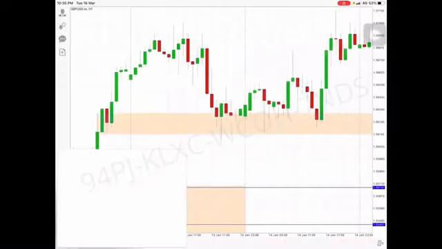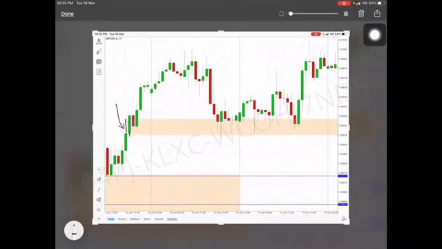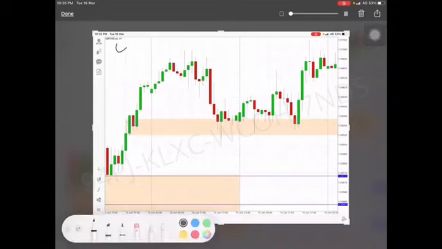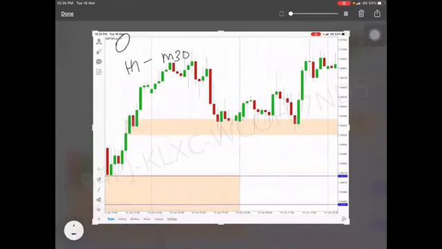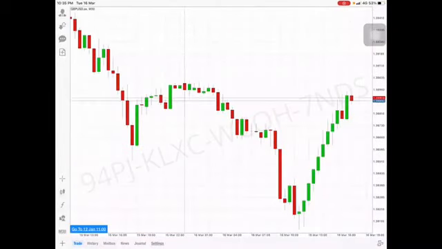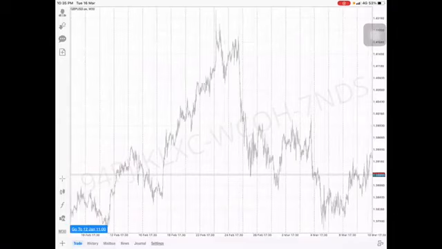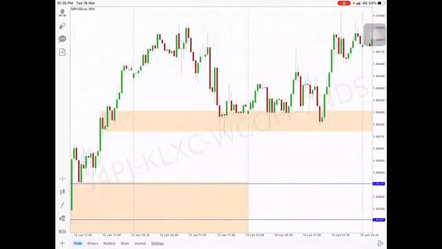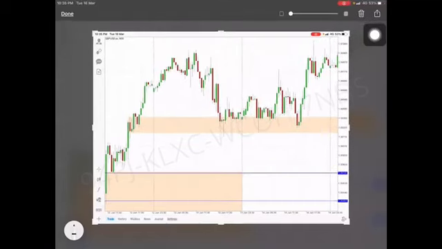So I took that one, and then from H1, I go to M30. Okay. And then you can see that the zone is valid. See? So you can find a buy engulfing.